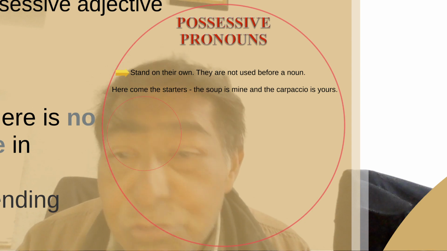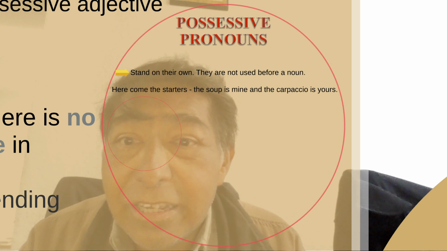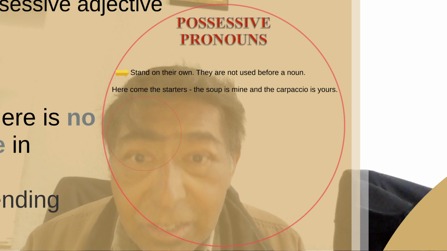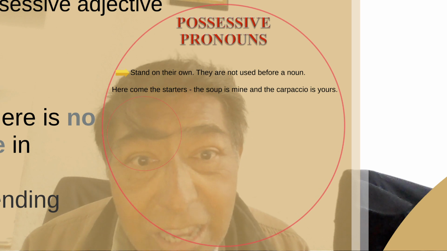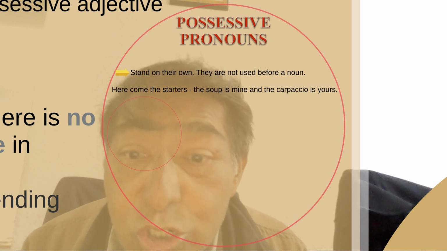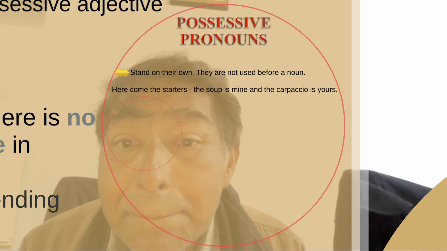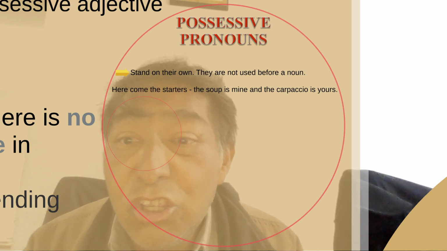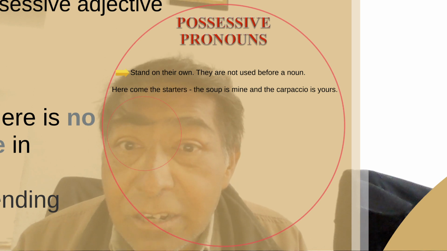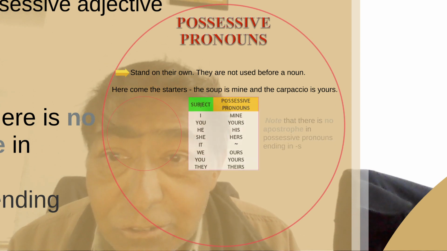They are not used before a noun. Here come the starters. The soup is mine, and the carpaccio is yours. Notice that I have here mine, and the carpaccio is yours. Here we have these possessive pronouns.